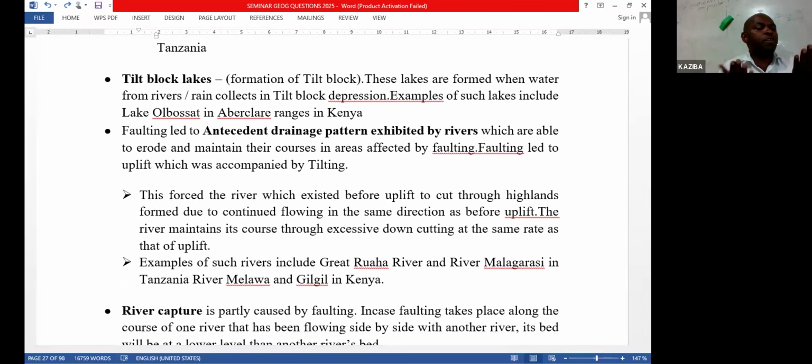But as it is being uplifted, the river continues to dig downwards. So it is the drainage pattern where the river is able to erode and maintain its course as uplifting is taking place. The river digs through the land that is uplifted. That's what we call antecedent drainage patterns.